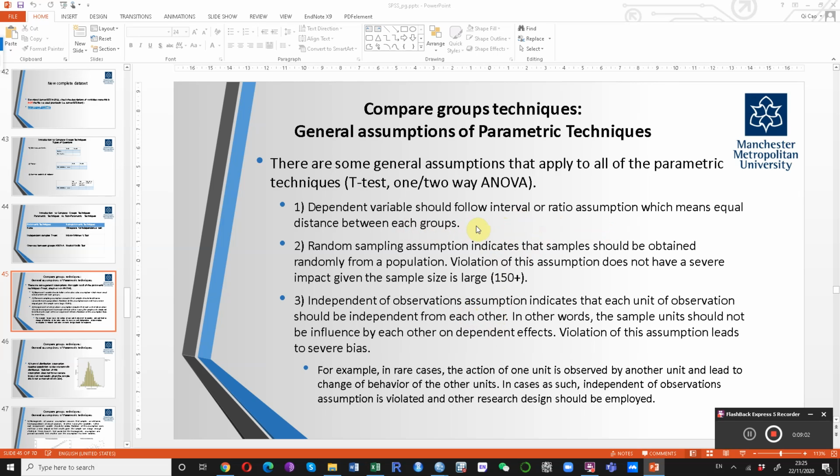So your dependent variable should have an equal distance among each observation, which, in most cases, is determined by how you collect your data. The second one is random sampling. Well, 150 plus sample size.